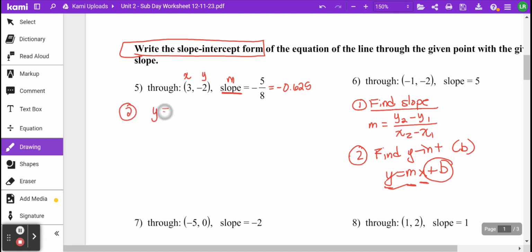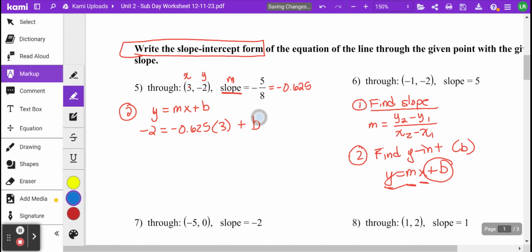So I always like to write down my slope-intercept form. My y number is negative 2. My m is the negative 0.625. My x is a 3 plus b. And remember, the b is what we are going to be finding.